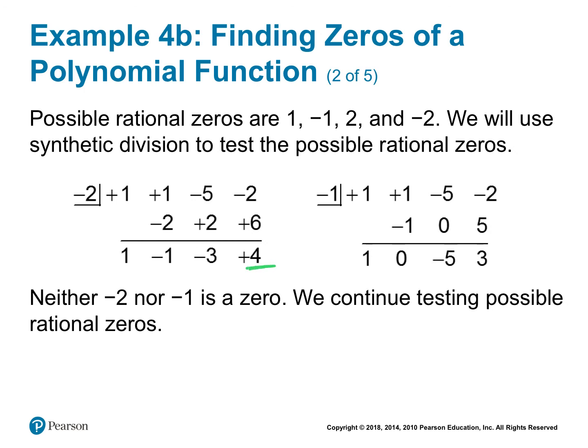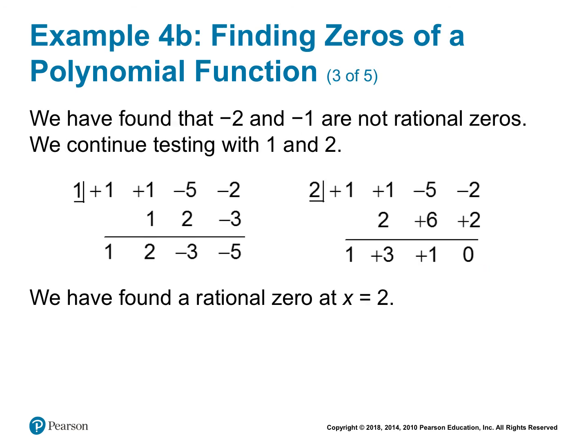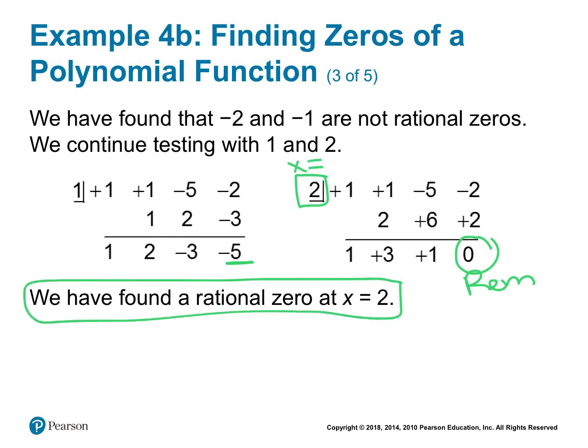Neither of those have a remainder of 0. So now we'll test positive 1 and positive 2. This one doesn't work, but this one does, because there's a remainder of 0. So that means this, x equals 2, is one of the rational zeros.